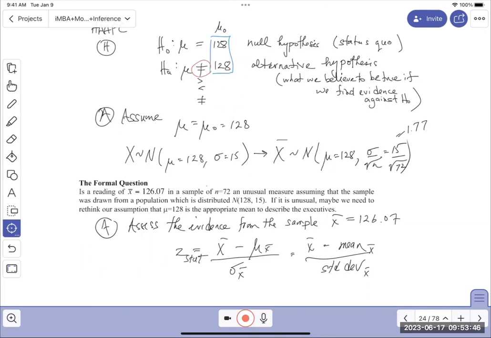So all I do is I take 126.07 and subtract 128. Notice that because I assumed mu is mu zero, these are all from the hypothesis, from H0.